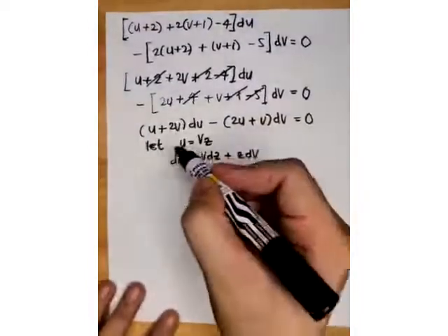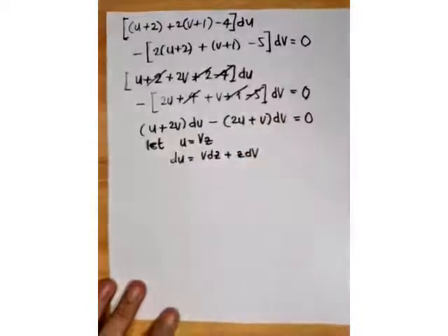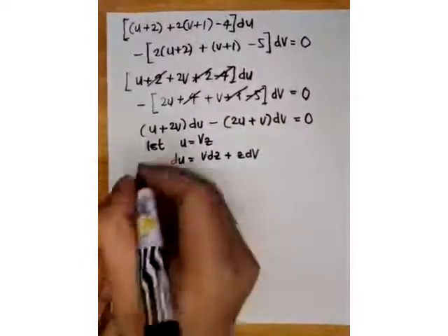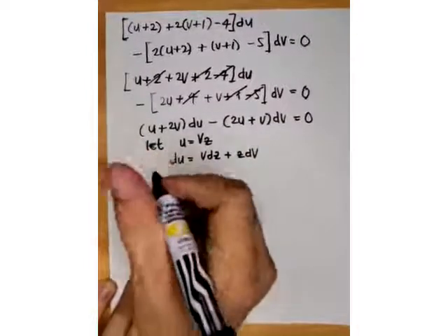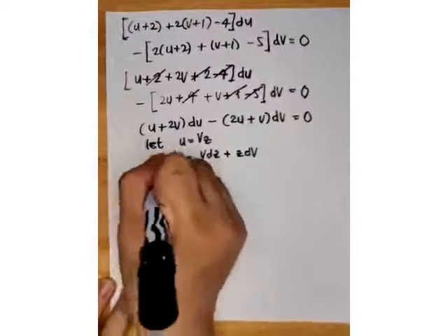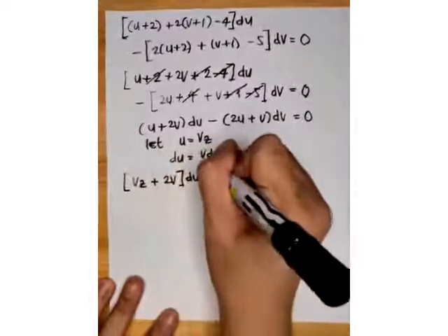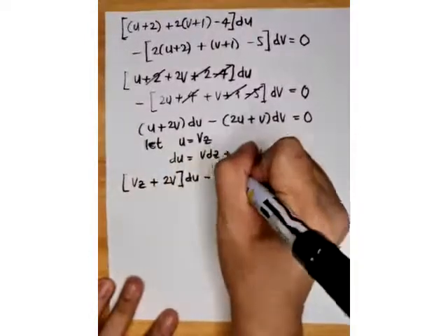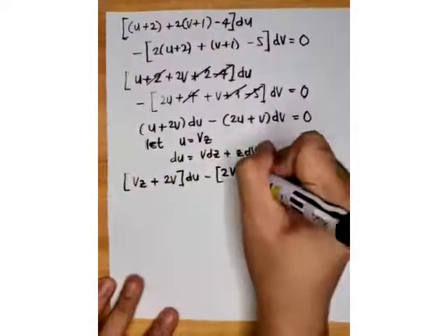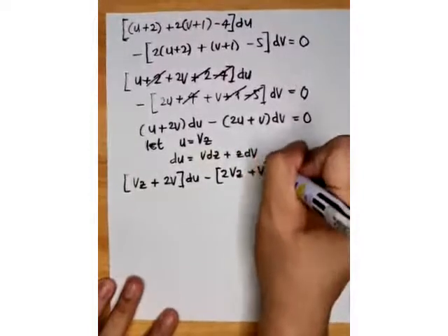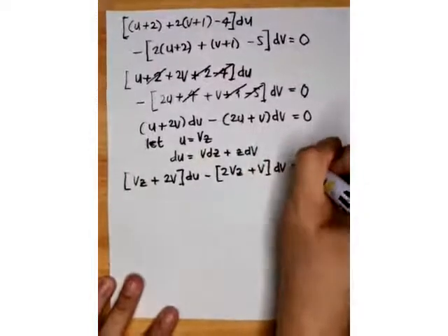Okay, so let's substitute these two to our homogeneous equation. So we'll have the quantity vz plus 2v du minus quantity 2vz plus v dv is equal to 0.